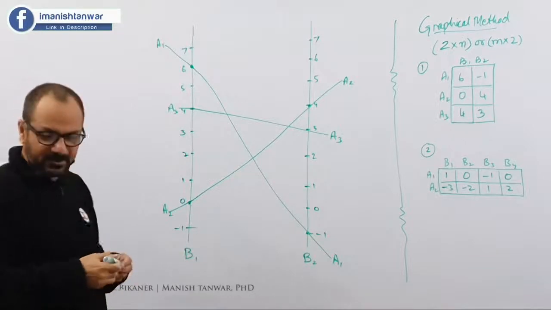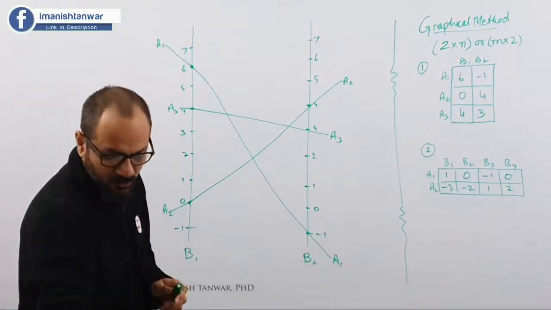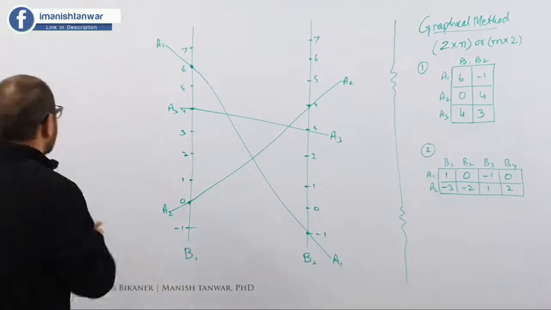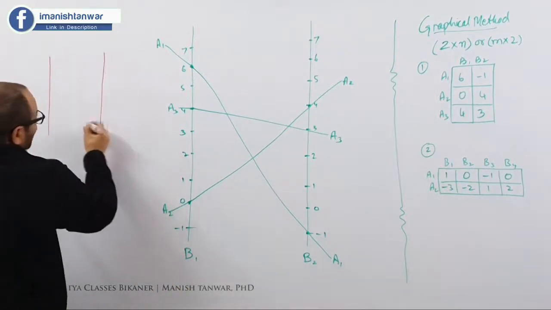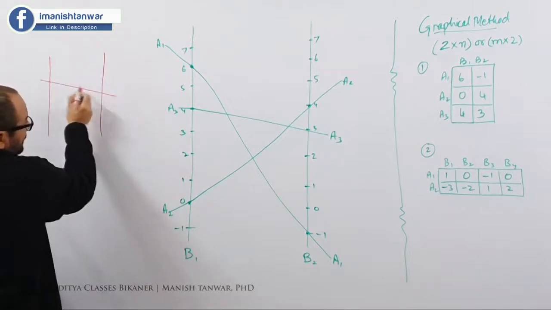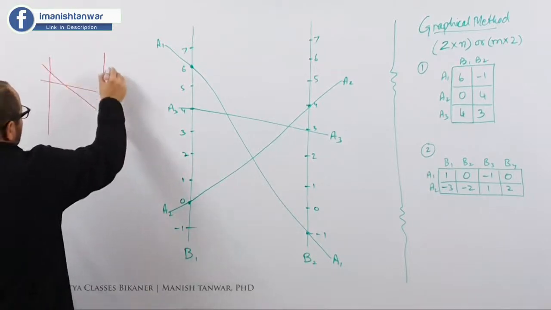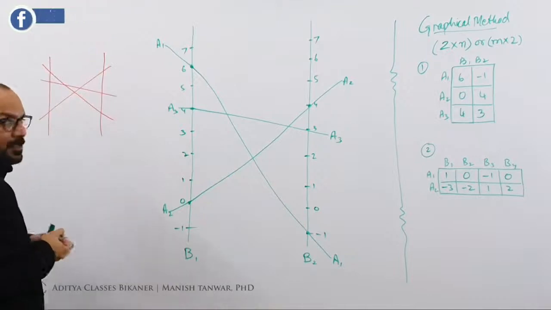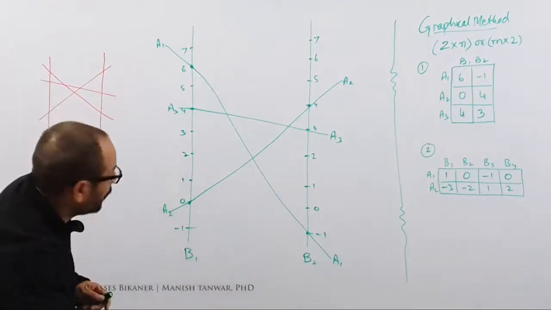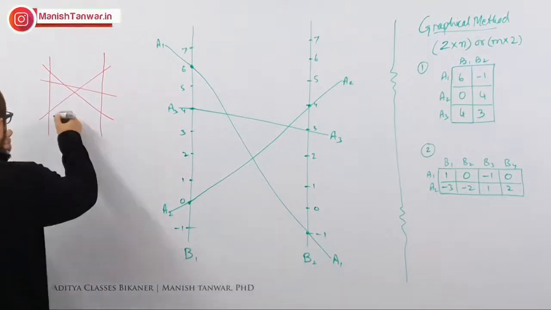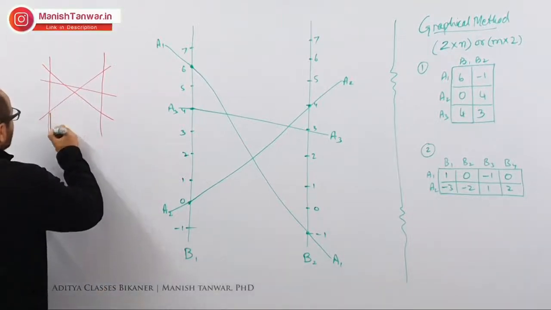The important thing is you need to understand that this graph has two important areas. We have a strategy like this, then a strategy like this, and then a strategy like this. If you have a look at this graph very carefully, you will observe that there are two segments. This is one segment.